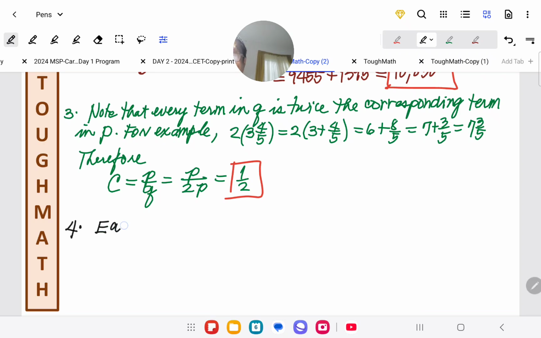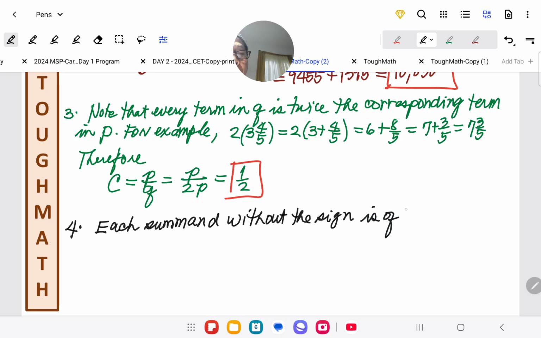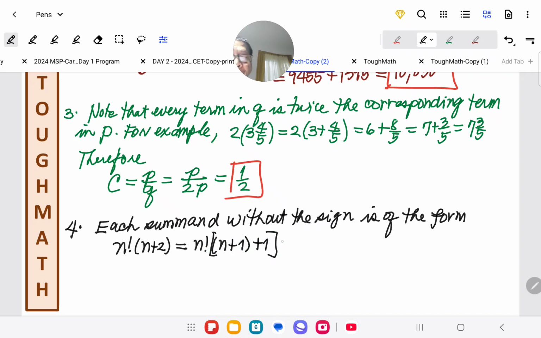Its summand is of the form, okay, we have n factorial times n plus 2, which is equal to n factorial times n plus 1 plus 1, which is equal to n plus 1 factorial plus n factorial.